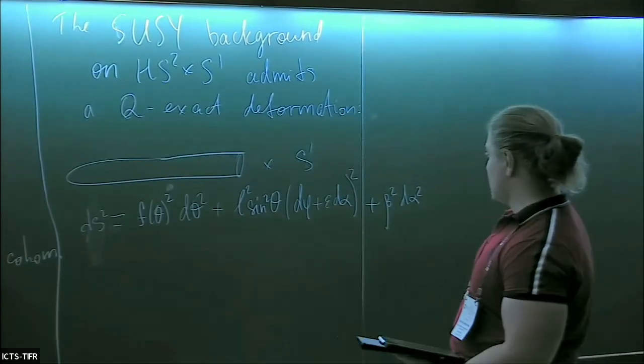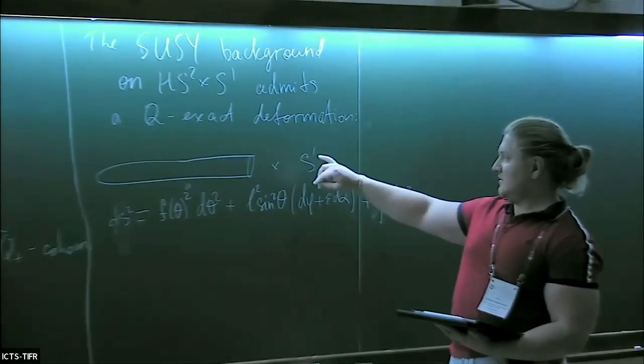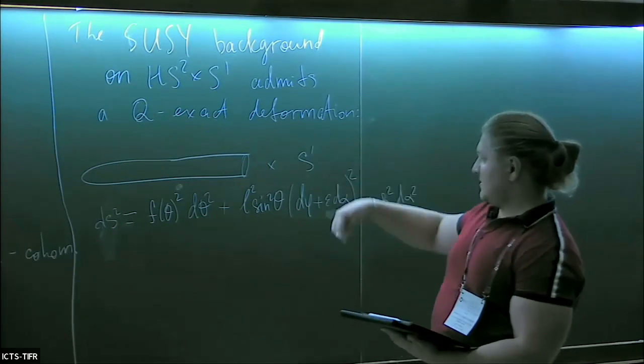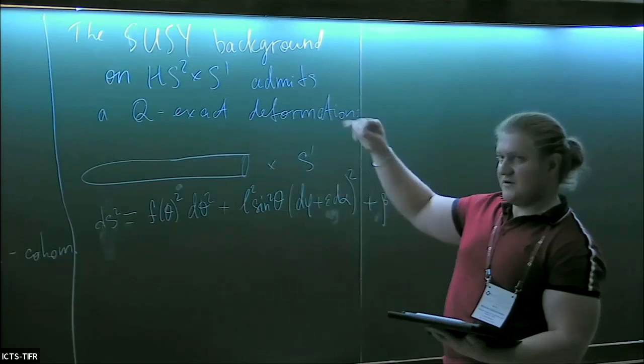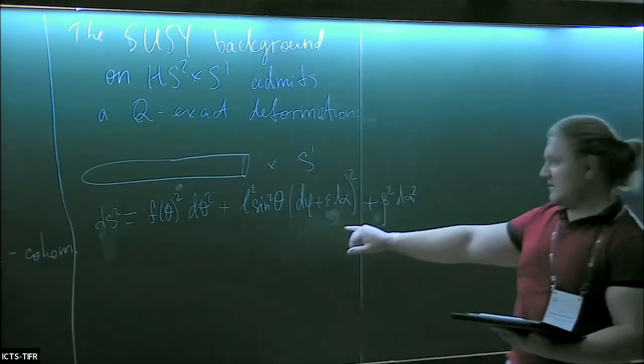So beta here is just the length, the circumference of the circle. Epsilon is a parameter that determines how much you twist the cigar as you go around the circle. So as you go around the circle, it rotates.